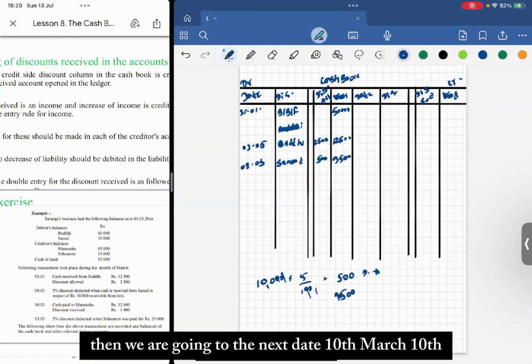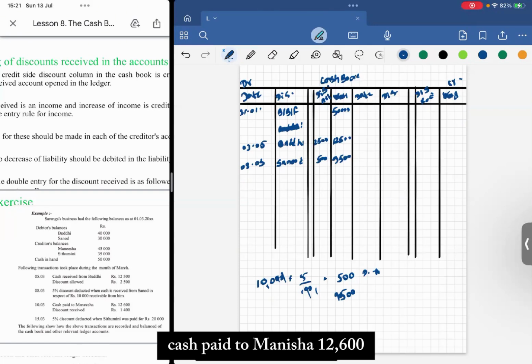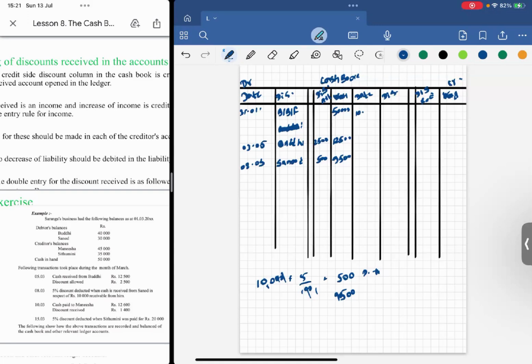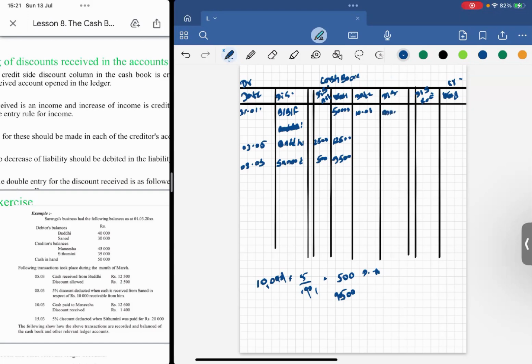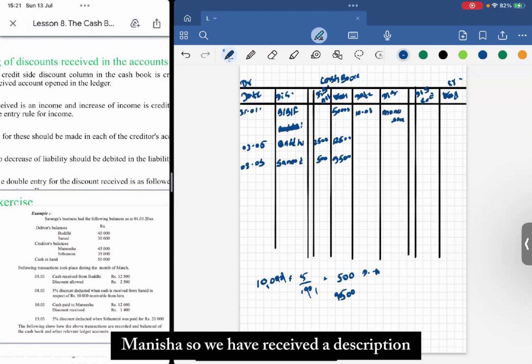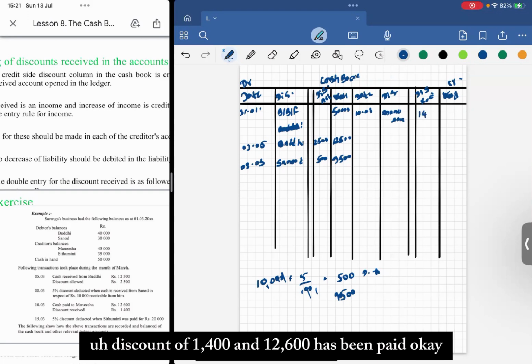Then we go to the next date, March 10th. Cash paid to Manisha 12,600. Discount received is 1,400. So we go to the credit side. Description, Manisha. We have received a discount of 1,400 and 12,600 has been paid.